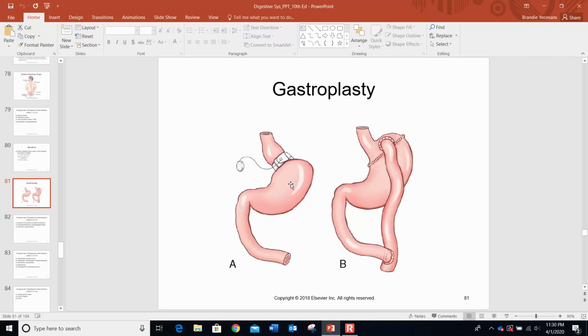You can have the sleeve over here on the right, and then this is the gastric band over here on the left. So you can actually press this button to tighten that band to where there's smaller amounts of food that are needing to be consumed to make that patient feel hungry, or excuse me, full.